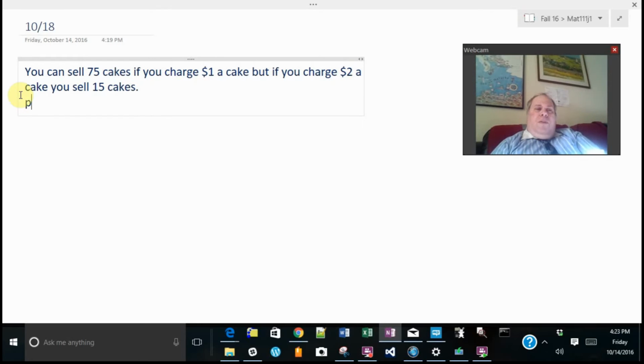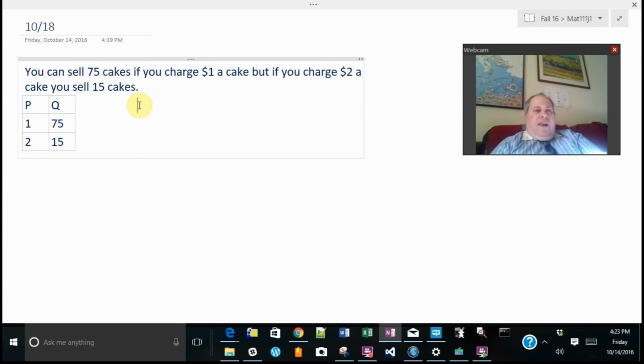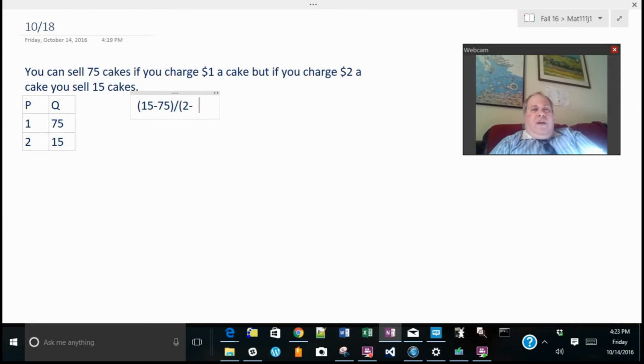Well, we make our PQ table, and we have 1 makes 75, 2 makes 15. We get a slope of 15 minus 75 divided by 2 minus 1, which is negative 60, our slope of the demand function.